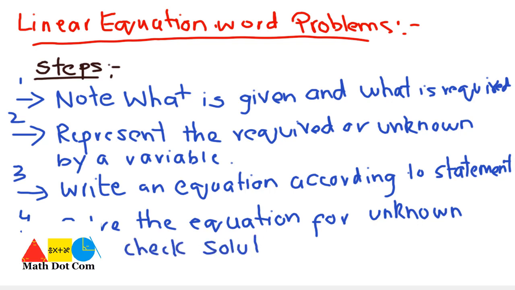So these are the 4 steps that will be helpful for you while evaluating a problem consisting of words. Most of the time we are unable to evaluate the situation through words, and we just get confused about how to do that.